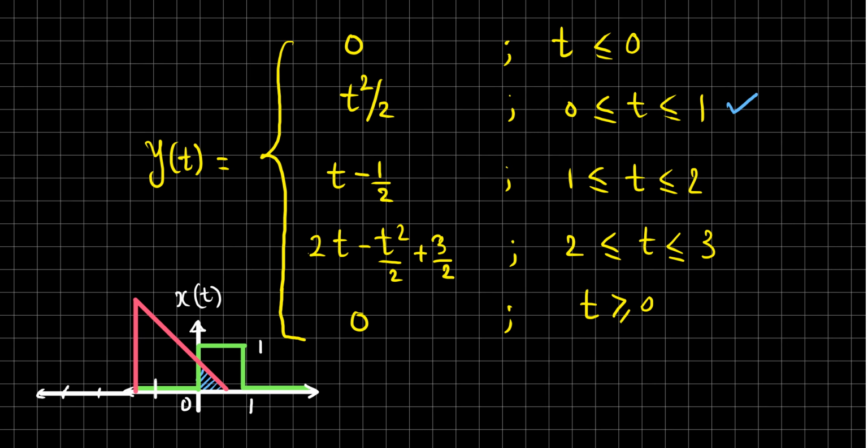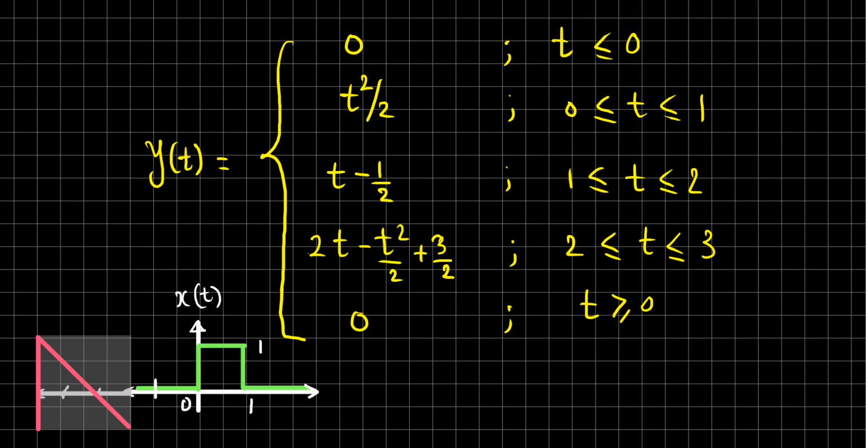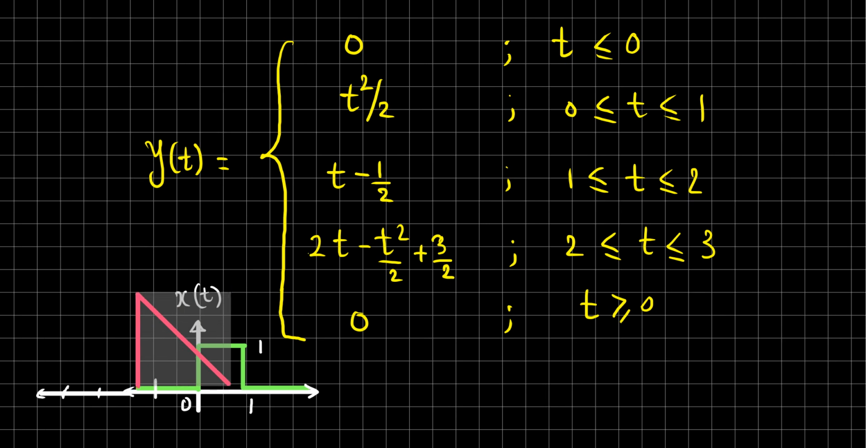After that, we have considered the case where the overlap is exceeding and getting completely covered the signal x of t. That means the overlap is such that the small t is in the range from 1 to 2. So we have considered this case.